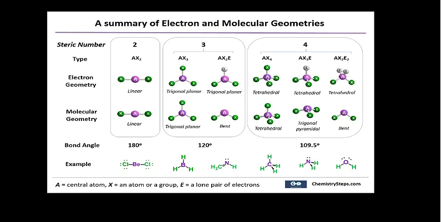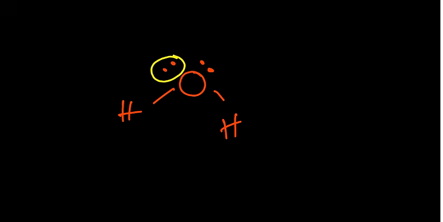If you look at the oxygen in water, this one has two lone pairs, four lone pair electrons actually. A lone pair is a pair of two electrons that are not taking part in bond formation.